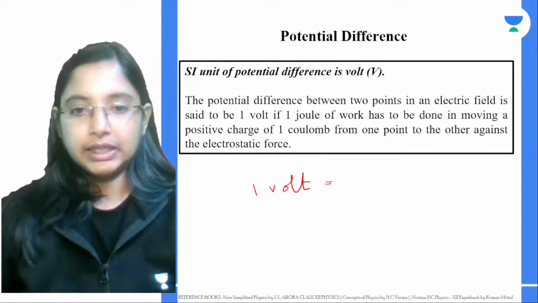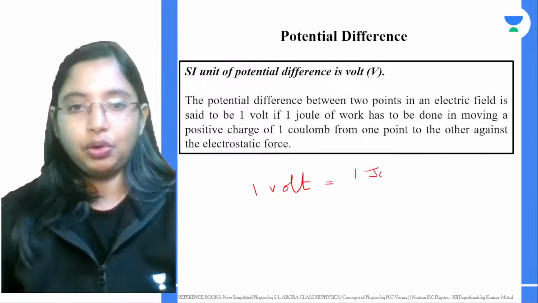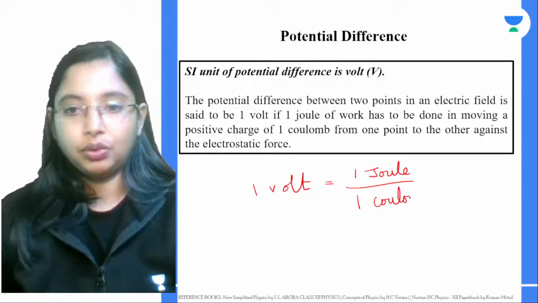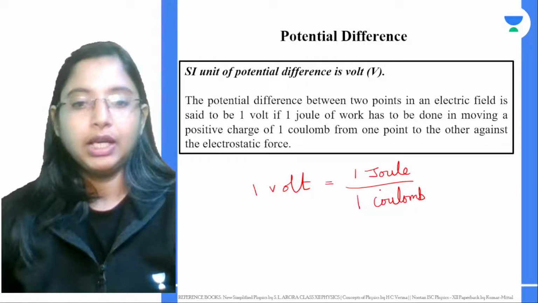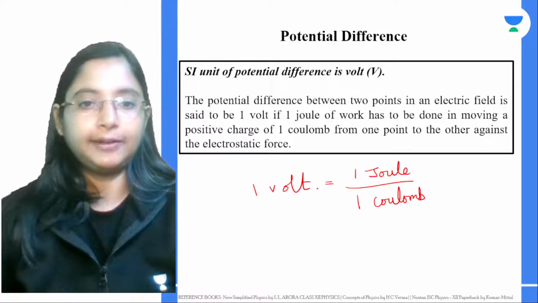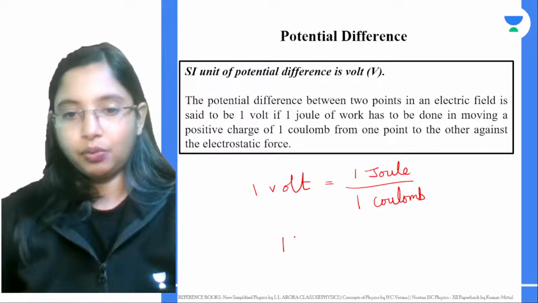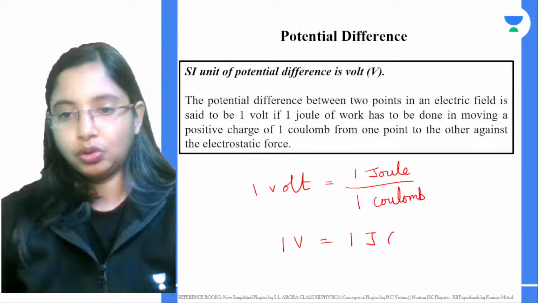This 1 volt is nothing but: if 1 joule of work has to be done in moving a unit positive charge, with magnitude 1 coulomb, from one point to another against the electrostatic force, that gives you the definition of 1 volt. So we can say 1 volt is equal to 1 joule per coulomb, that is, 1 joule coulomb inverse.